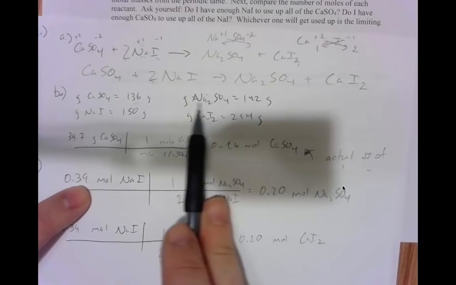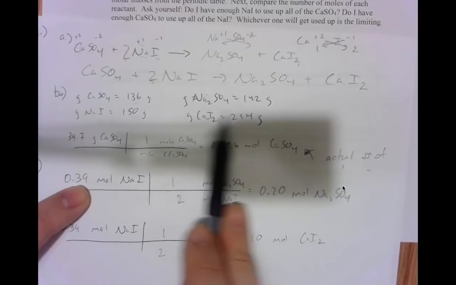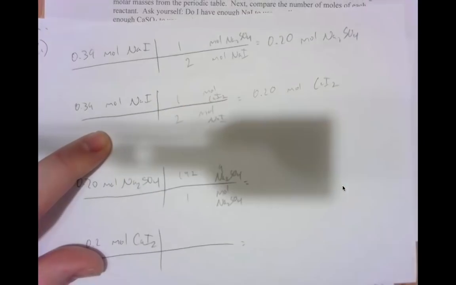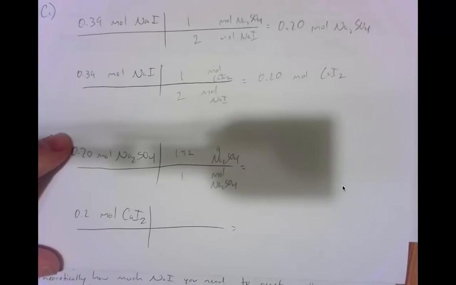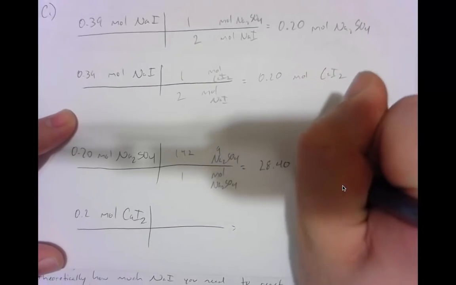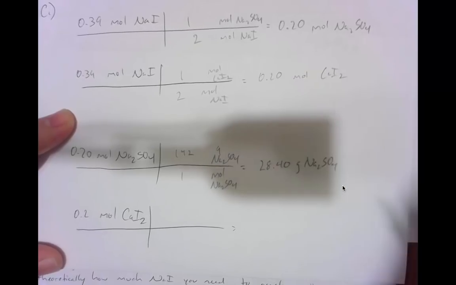Remember, this is why we calculated all the masses in part B, because now we have our grams of sodium sulfate. So we can put our 142 next to the grams, and then a 1 next to the mole. When you solve this, you find that you have 28.40 grams of sodium sulfate.